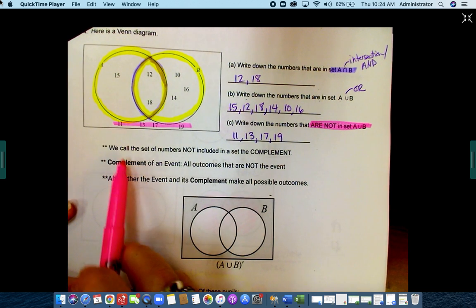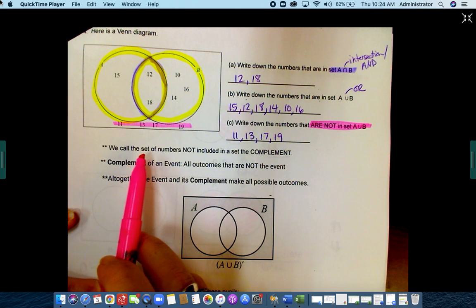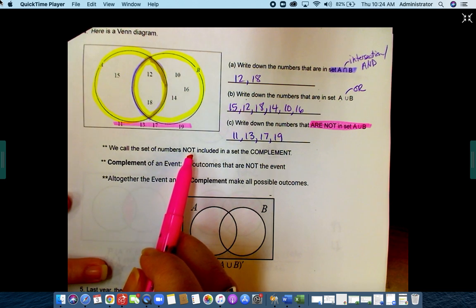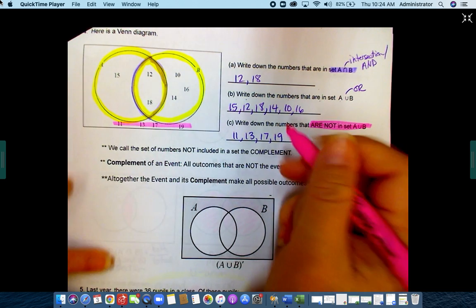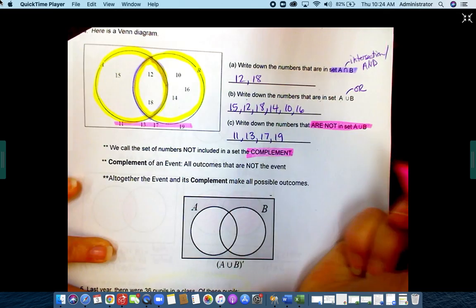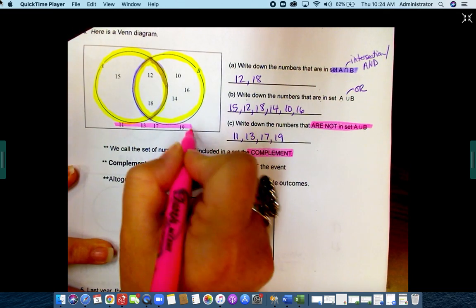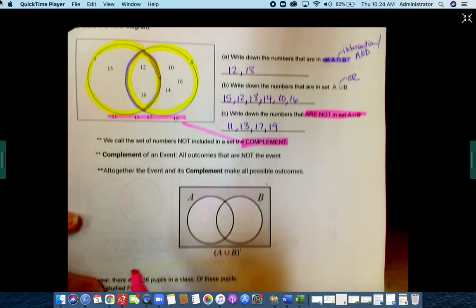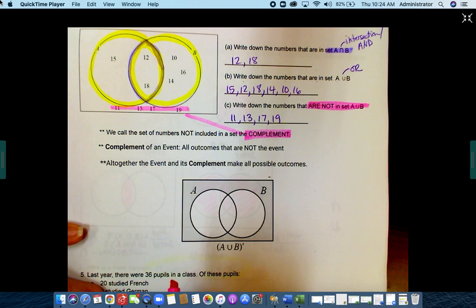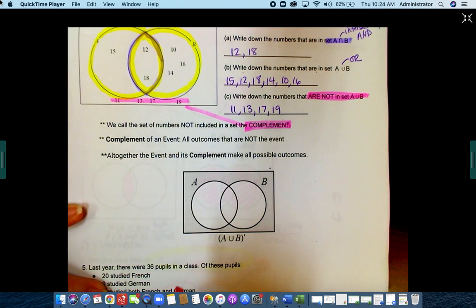So notice down here we've got 3 points here. We call the set of numbers not included in a set the complement. So these pink numbers here are known as the complement. Now that's different from someone saying, man, you smell nice. That's a compliment, right?